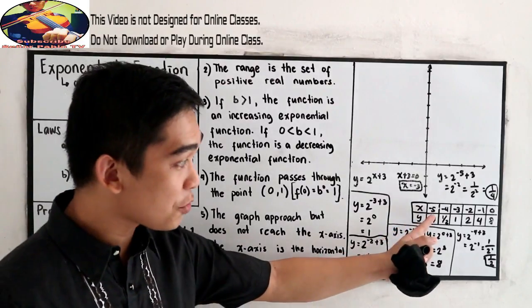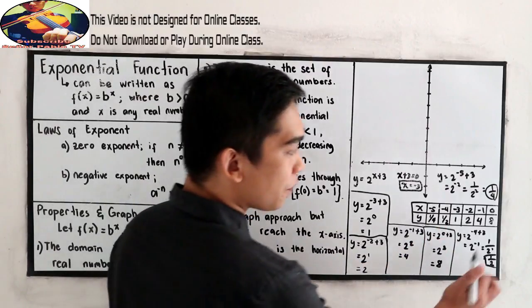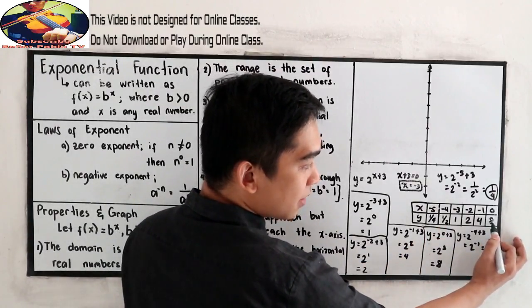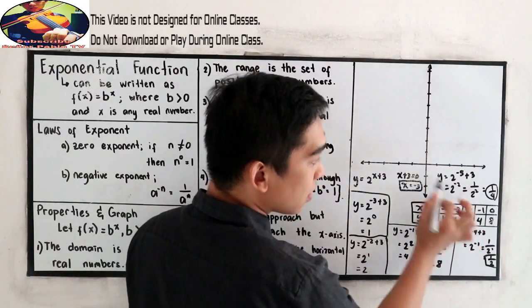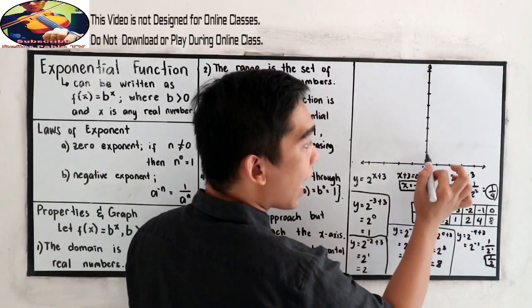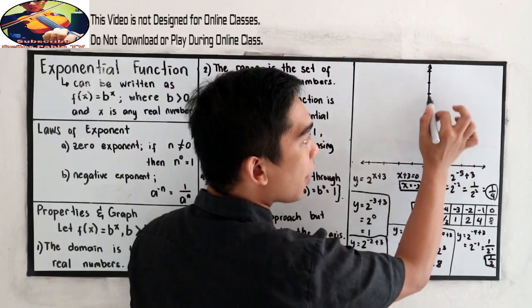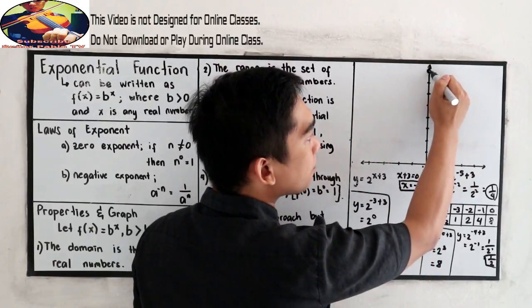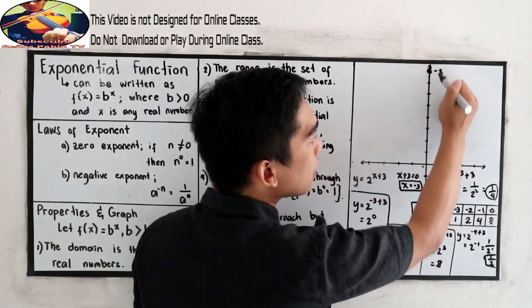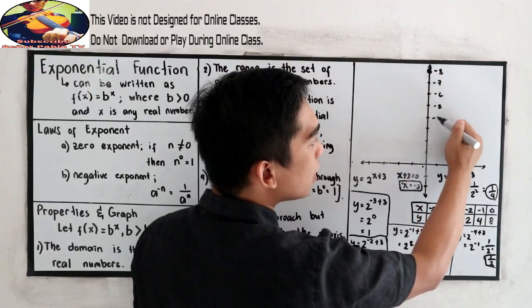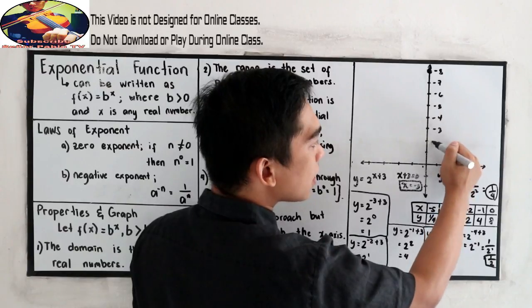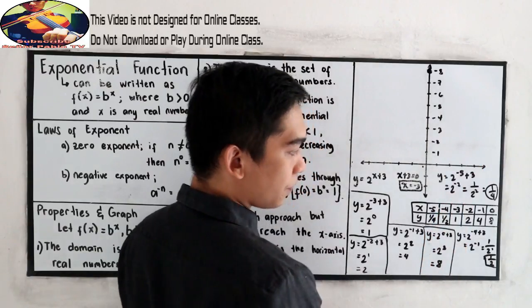So if we're going to graph this, we have 0, negative 8, then 0, positive 8, going up 1, 2, 3, 4, 5, 6, 7, 8. This is negative 8, negative 7, negative 6, negative 5, negative 4, negative 3, negative 2, negative 1.